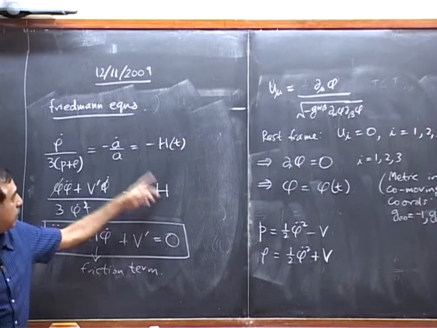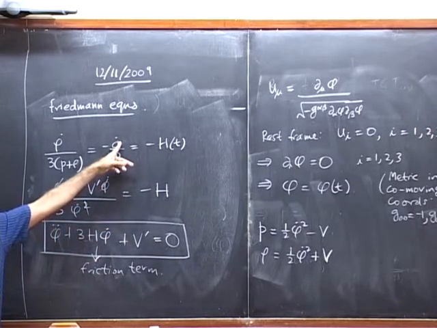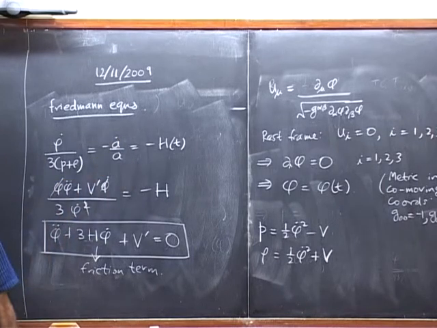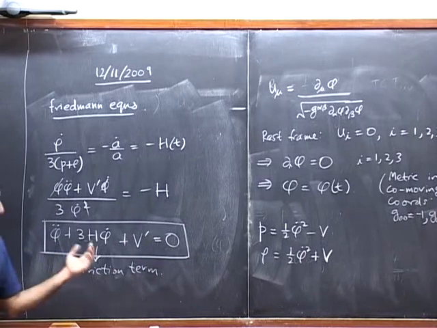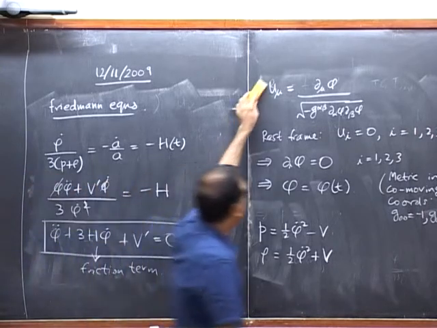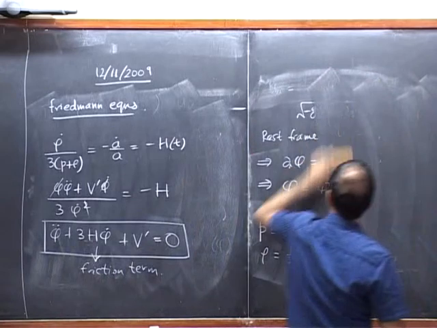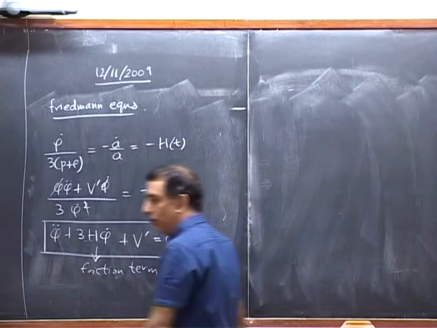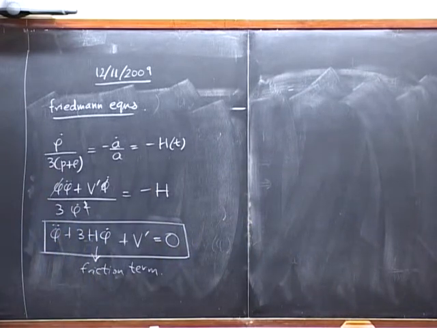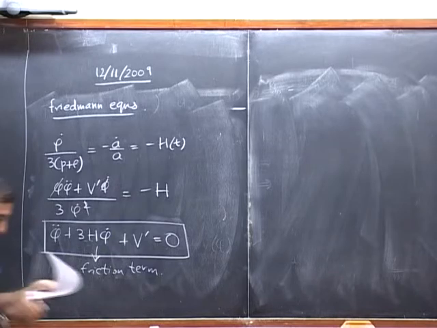But in any case, H is nothing but a dot upon a, and a is another function of time. So it's really like a coupled system of phi and a. There's a scalar field evolving, and the universe, its scale factor a, evolving together in a coupled way. This is one of the equations, and the other Friedmann equation can be written down immediately. Remember, one of them depended on the curvature k. So whenever we write down two independent equations, one of them must depend on k, otherwise we'll never find k from the Friedmann equation. Then we would have lost some information.